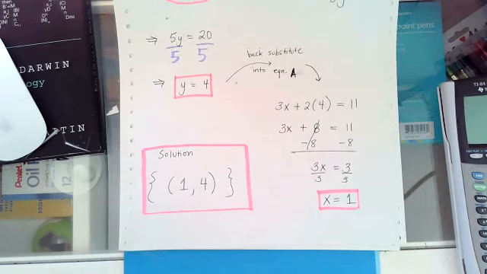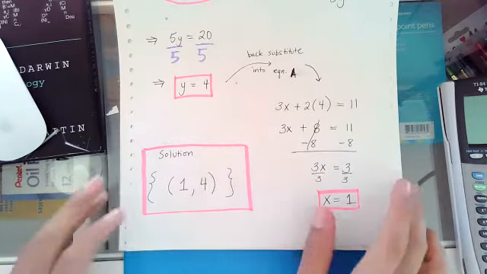Well, now that we have this solution, I want to work on this problem again, but this time we're going to talk about it in terms of how would we go about solving this as a matrix problem. Okay.